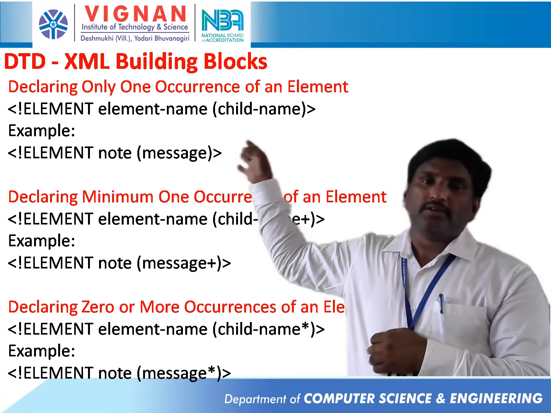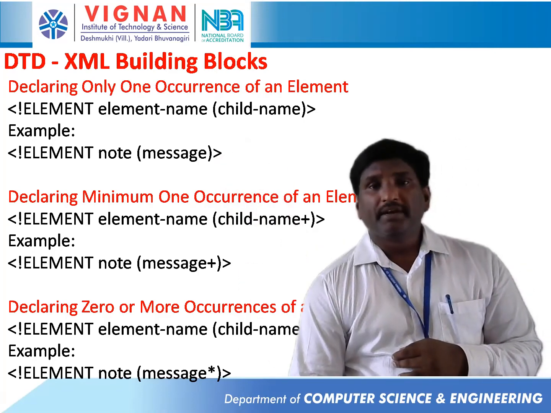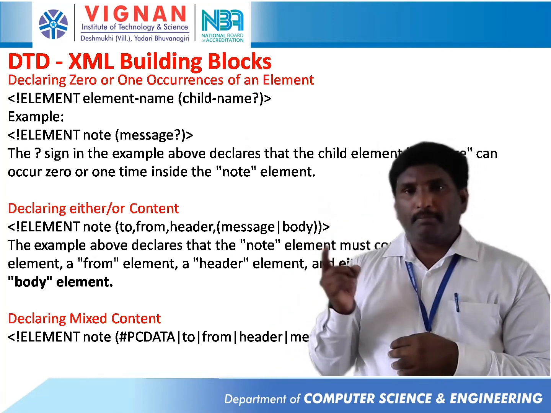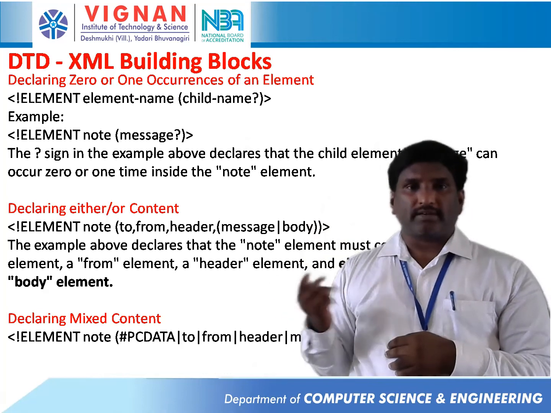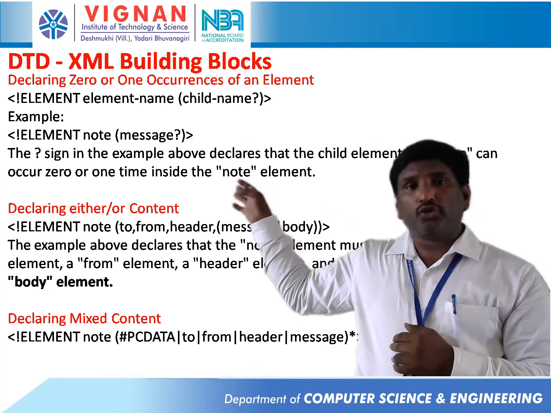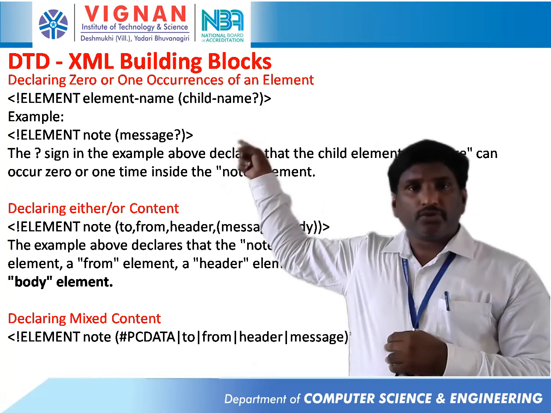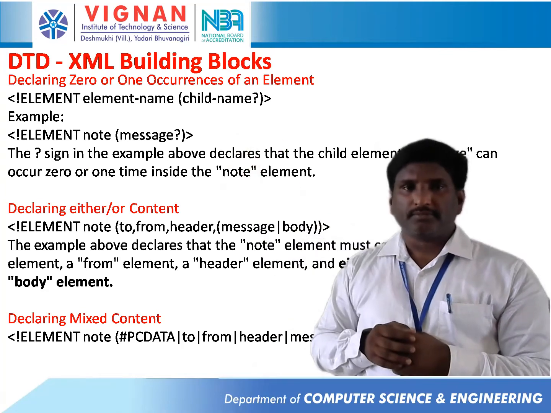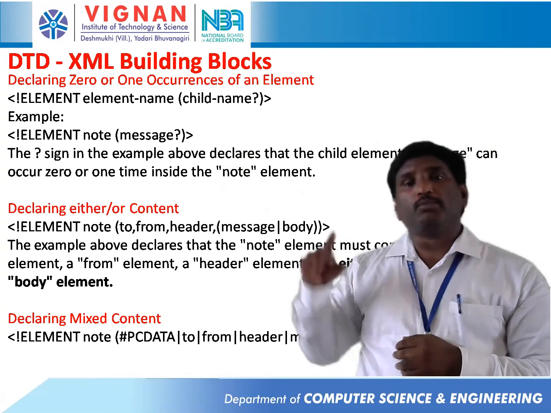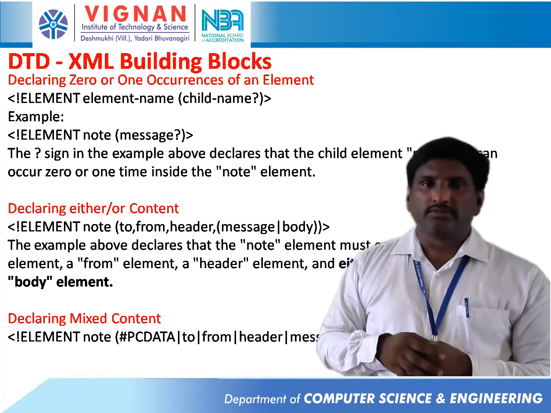The occurrence of the element we can specify as mandatory, minimum one occurrence, or 0 or more occurrences. And by using the question mark, 0 or 1 occurrence. If you have a question mark, it should be 0 or 1 occurrences. So that is the difference. Star means 0 or more occurrences. Question mark means 0 or 1 occurrence.